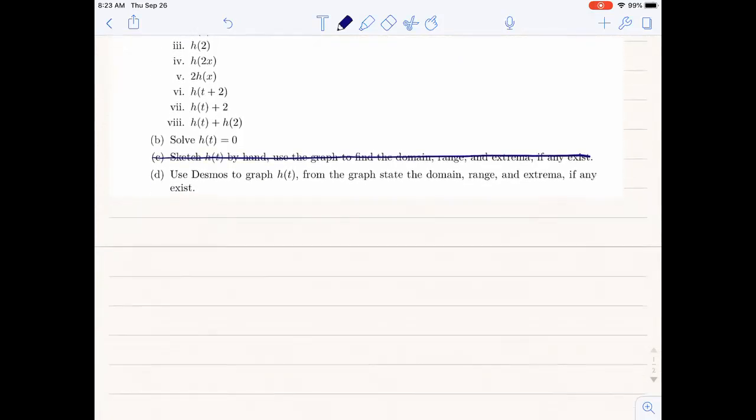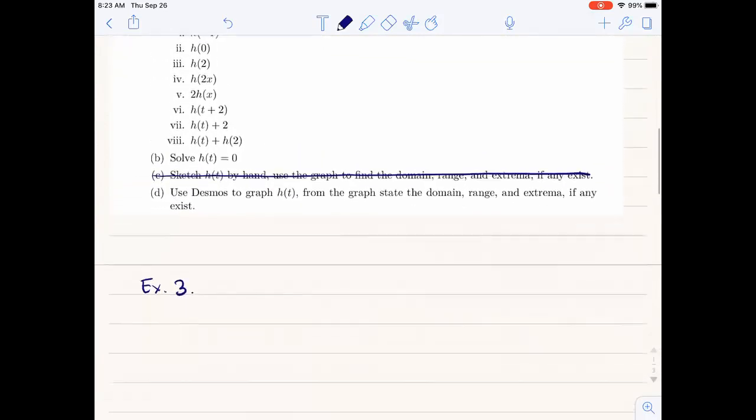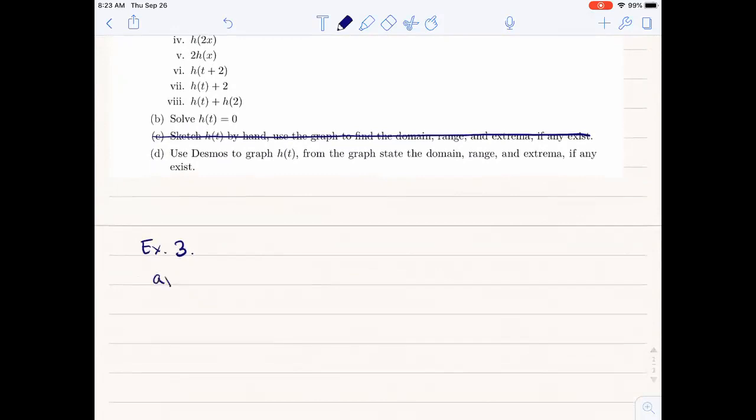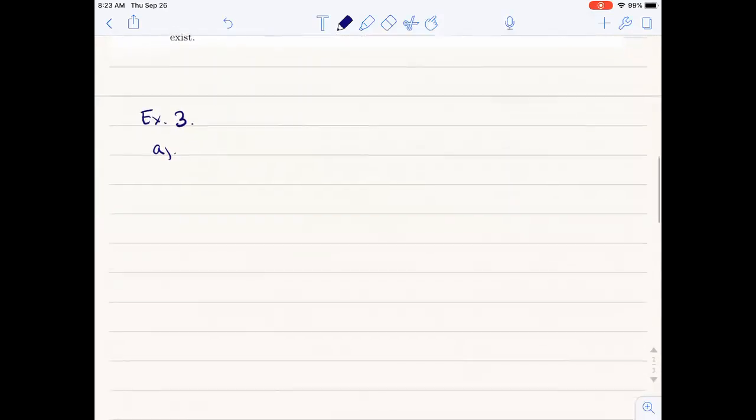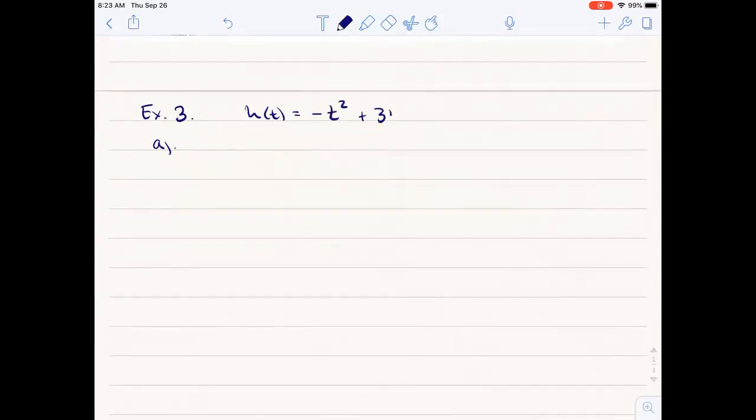And so we've got example 3, Part A. And because I have to scroll up here, I'm going to write the function: h of t is -t squared plus 3t plus 4.